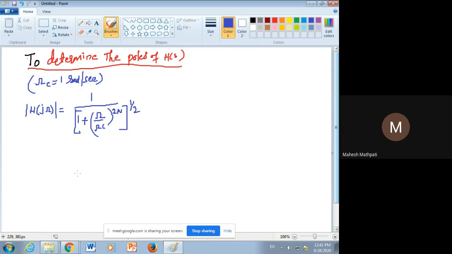Or this can also be written as magnitude H of j omega squared is equal to 1 divided by 1 plus omega to the power 2n, since we are considering omega c equals 1 radian per second. Let us call it equation 1.